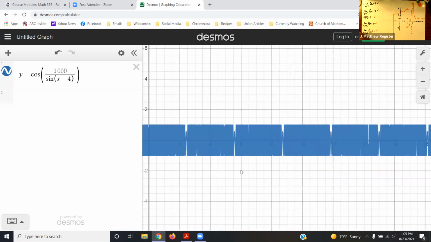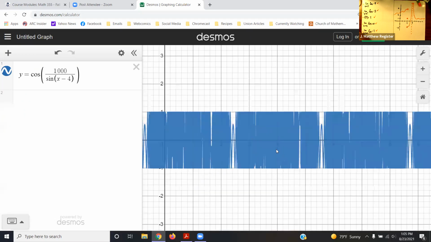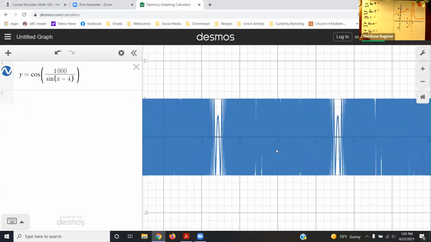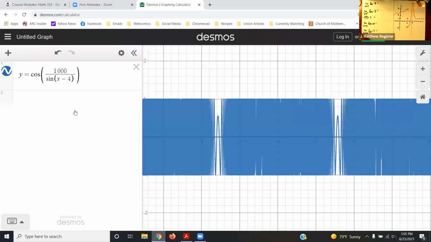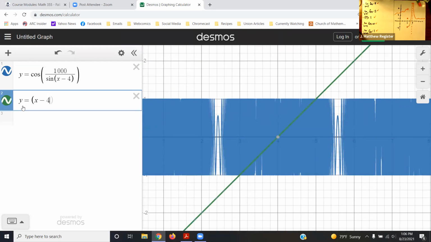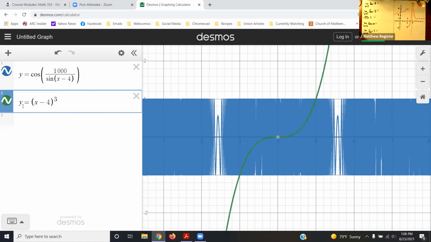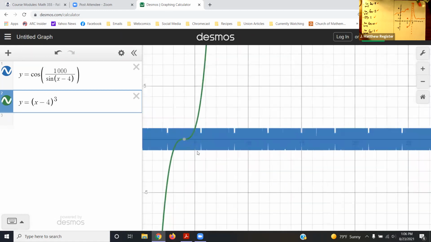And so when we're interested in figuring out what's happening around 4, craziness is happening around 4. Yeah, there's nothing very nice about what's going on here. But notice that it's being multiplied by (x minus 4) cubed. And y equals (x minus 4) cubed goes to 0 at that point.